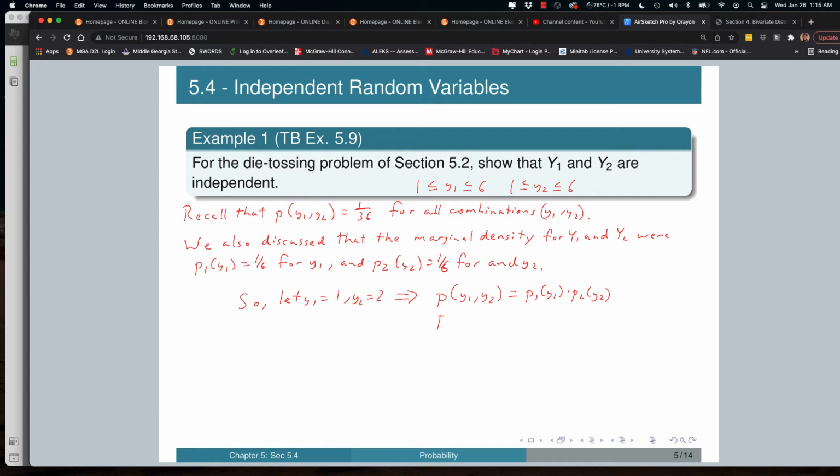And so that was like saying p of 1 comma 2, the probability of that has to be equal to p sub 1 of 1 times p sub 2 of 2, the value 2. And this equals 1 out of 36. And each one of these equals 1 over 6, which does equal 1 over 36.